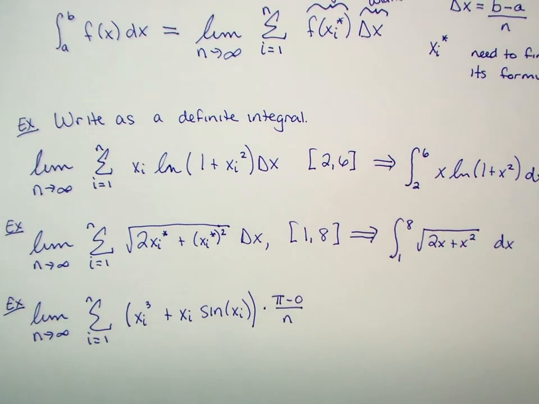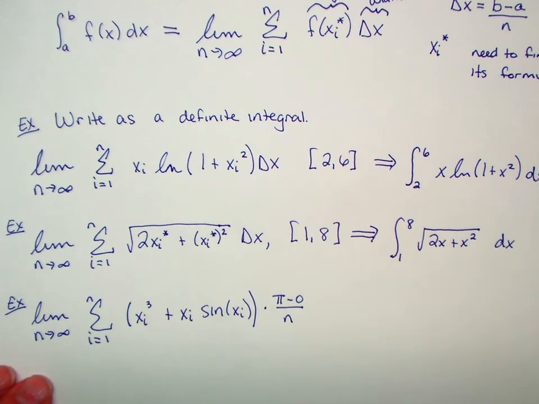So I wrote pi minus 0. Now, if they just wrote pi, it would be a little bit more complicated. But delta x is always b minus a divided by n. So this is another way of the question giving you the upper and the lower bound.